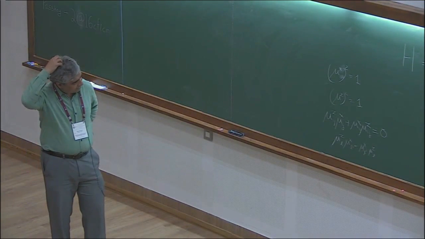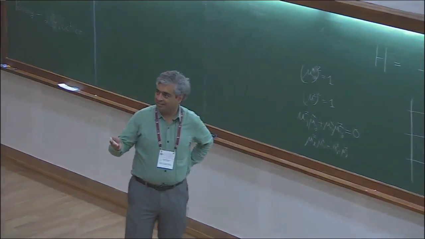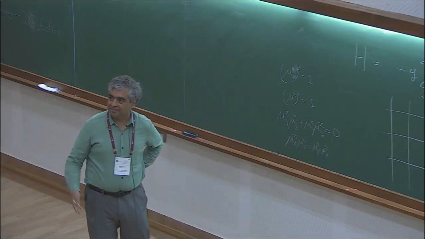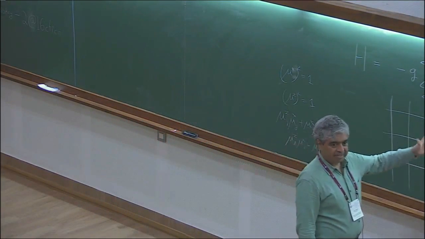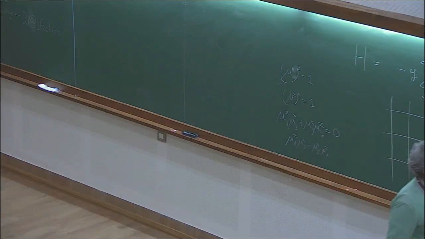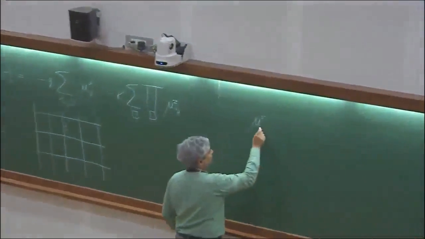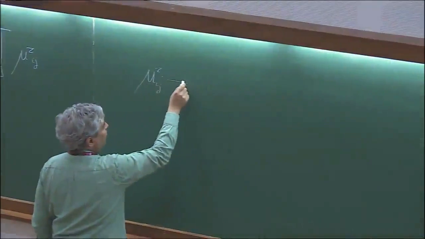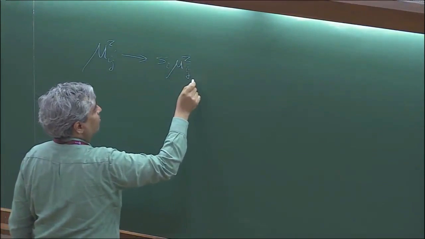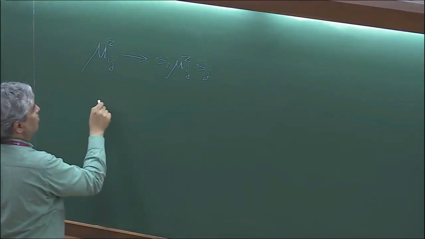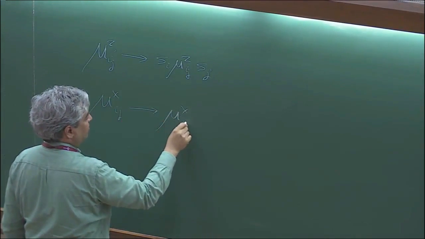Okay. So why is this a gauge theory? This theory, first of all, has this gauge invariance, which I mentioned earlier, that I can change mu z ij to si mu z ij sj, where mu x ij goes to mu x ij.